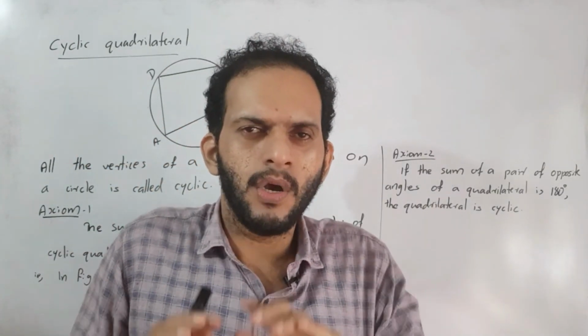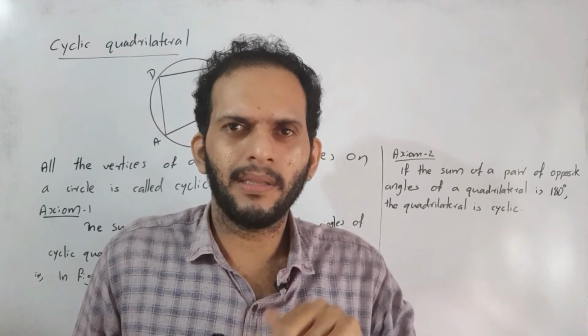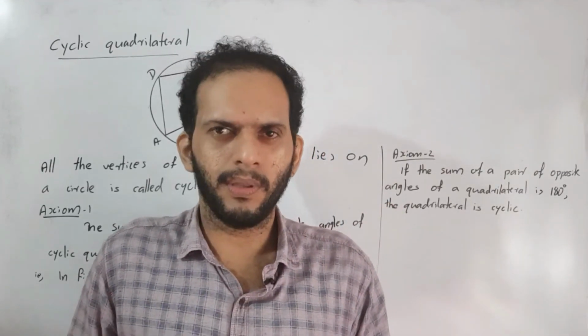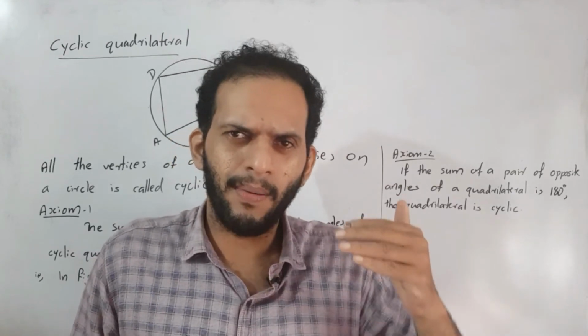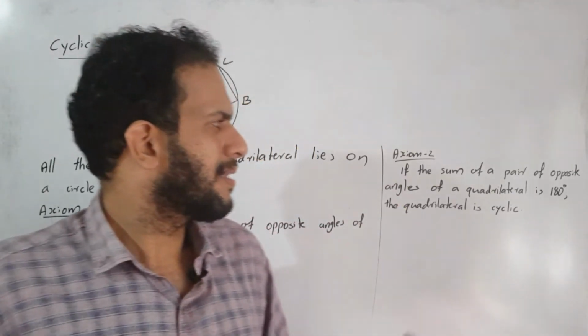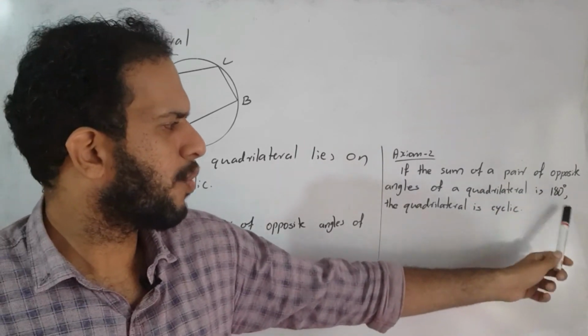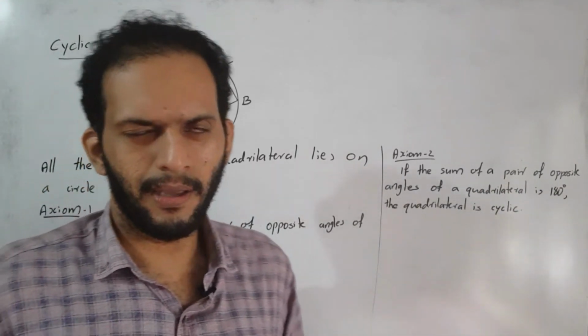The first axiom says that if a quadrilateral is cyclic, then the sum of its opposite angles is 180 degrees. Okay, what does the second axiom say? Yes, if the sum of a pair of opposite angles of a quadrilateral is 180, the quadrilateral is cyclic.